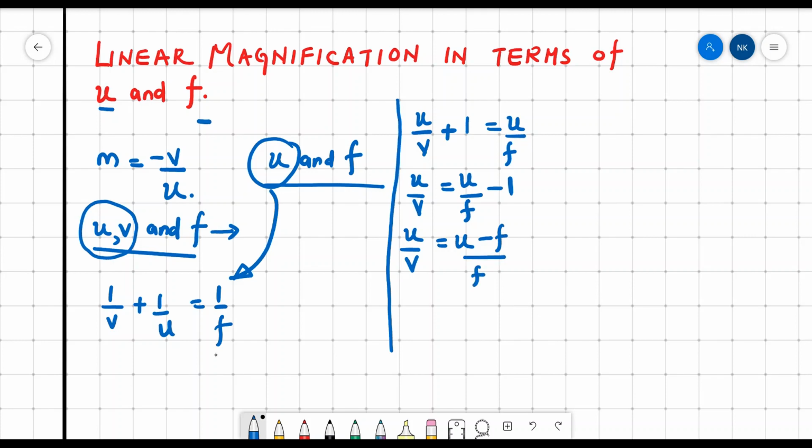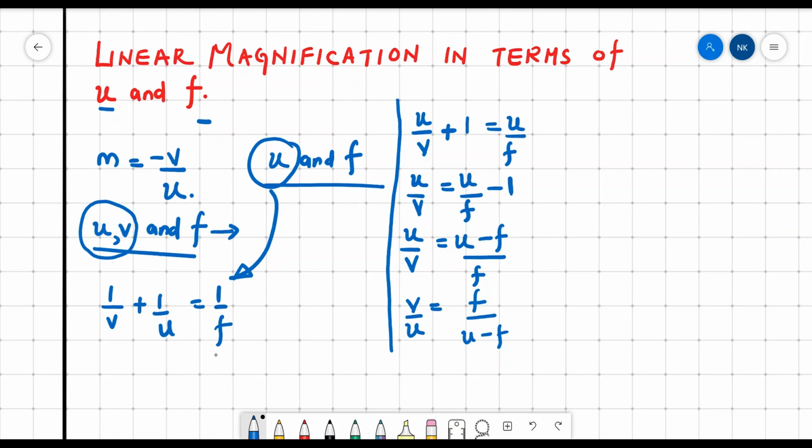Okay, so if I take the reciprocal of this, V equals F upon U minus F, not V, it is V by U. V by U equals F upon U minus F. It has to be like this.